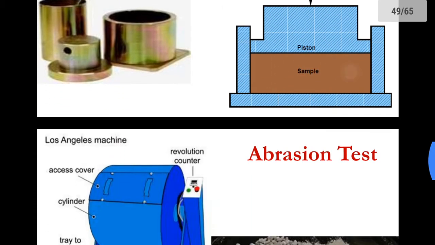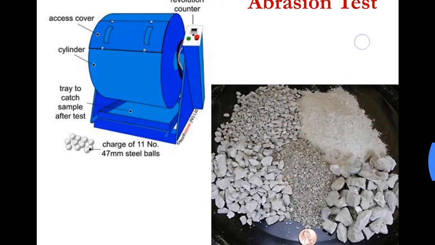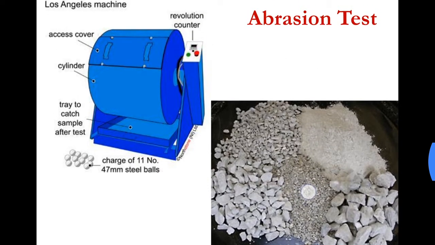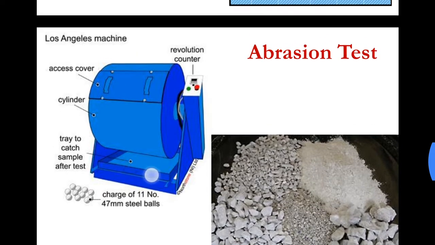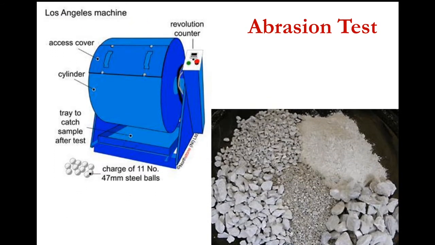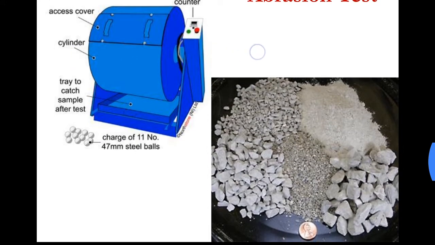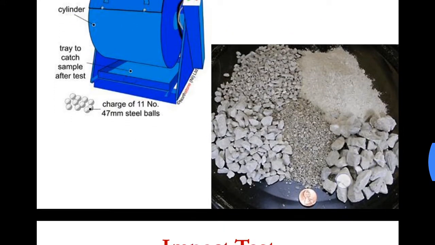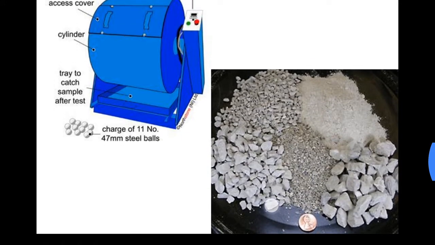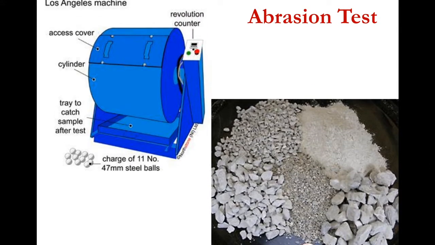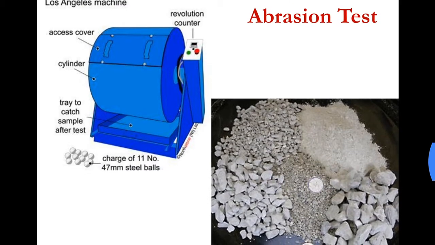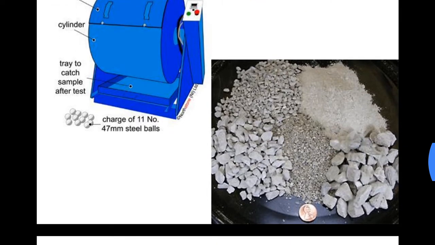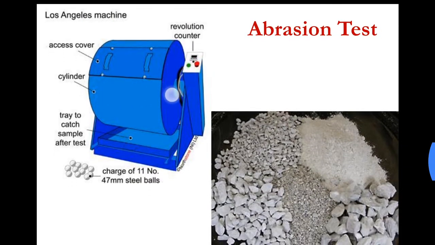Similarly we have the abrasion test. In the abrasion test we have an abrasion tester machine, which is the Los Angeles machine. It consists of a cylindrical drum. We take a certain amount of known aggregate sample which is in a gradation, which has aggregates of different sizes. There is a weighed amount, it can be 5 kg or 10 kg. This amount of aggregates is taken in this drum.